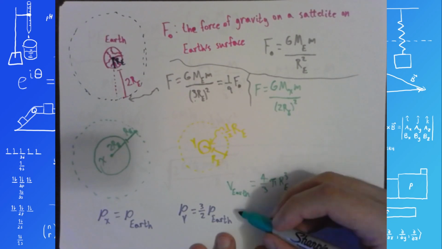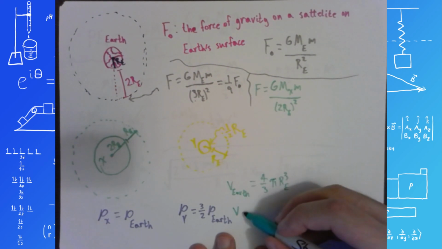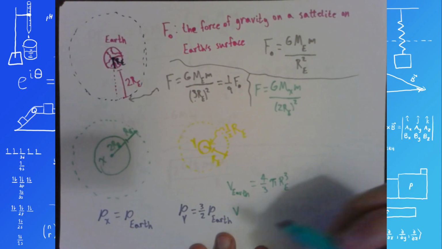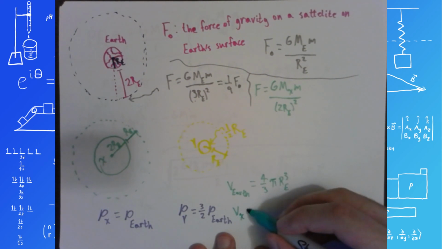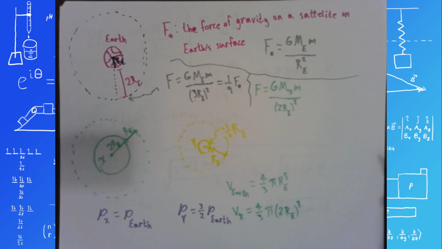The volume of planet X, and I guess I should have called it vol instead of v so that it's not confused with speed, but speed isn't mentioned in this problem anyway, so I guess we can get away with it for this one. V of planet X is equal to 4/3 pi times the radius of planet X cubed, so that's going to be 2 Earth radii cubed.